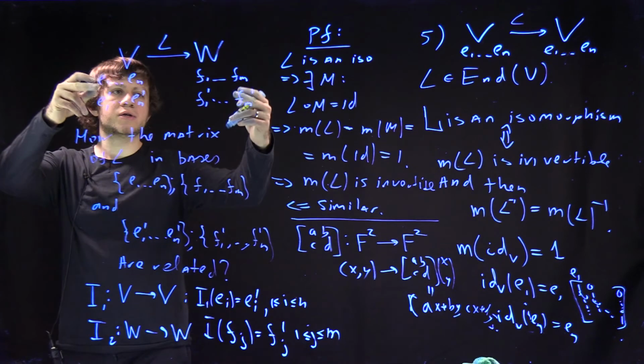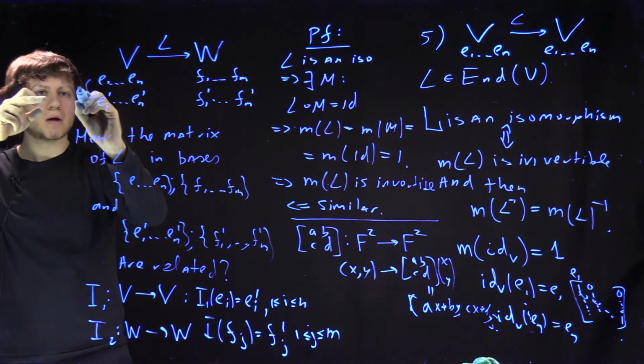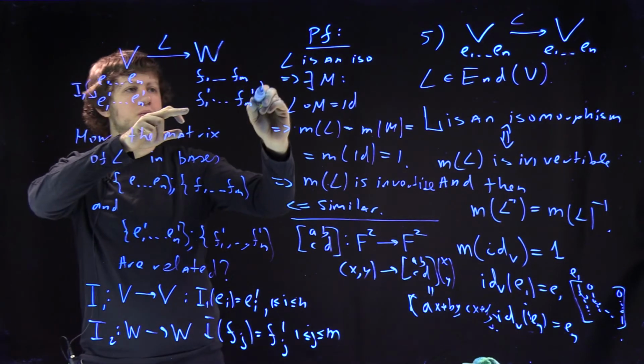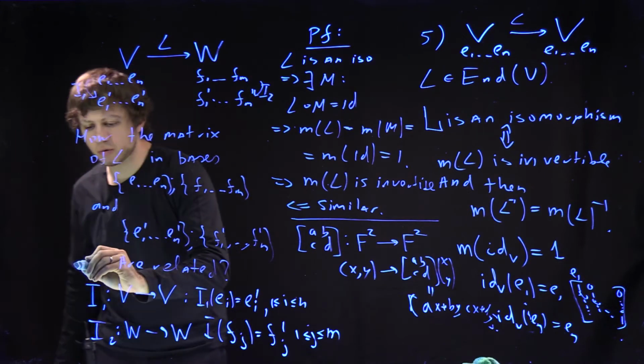So let's consider the corresponding maps changing these bases. One of them is I1, and this is I2. So I1 and I2 are definitely both isomorphisms.